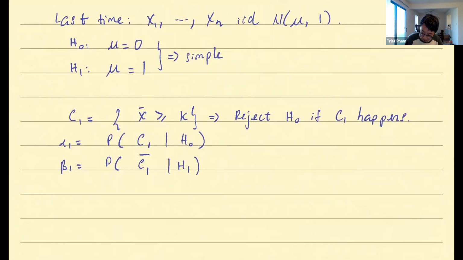And so the simple hypothesis allows us to compute alpha 1 and beta 1 completely. If the null happens, the population distribution is completely specified under the simple hypothesis. If we were to use a composite hypothesis, for example, that the alternative is mu not equal to 0, this is composite.